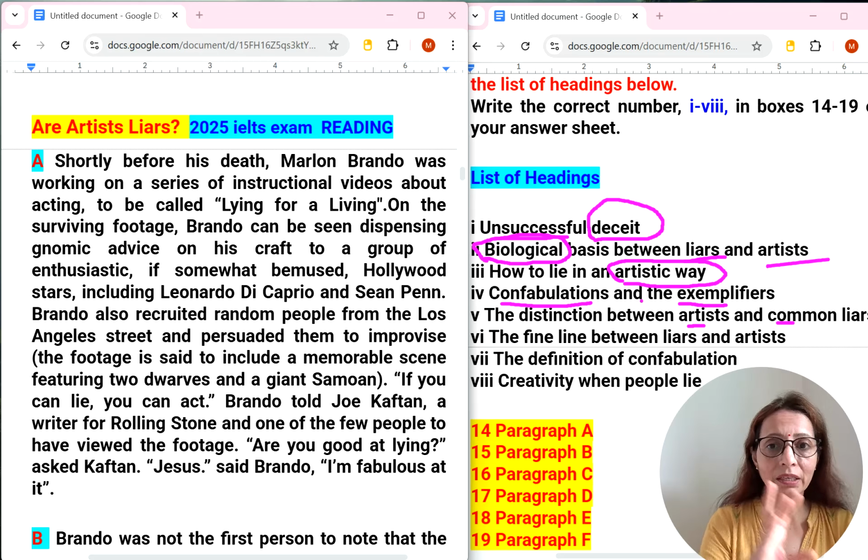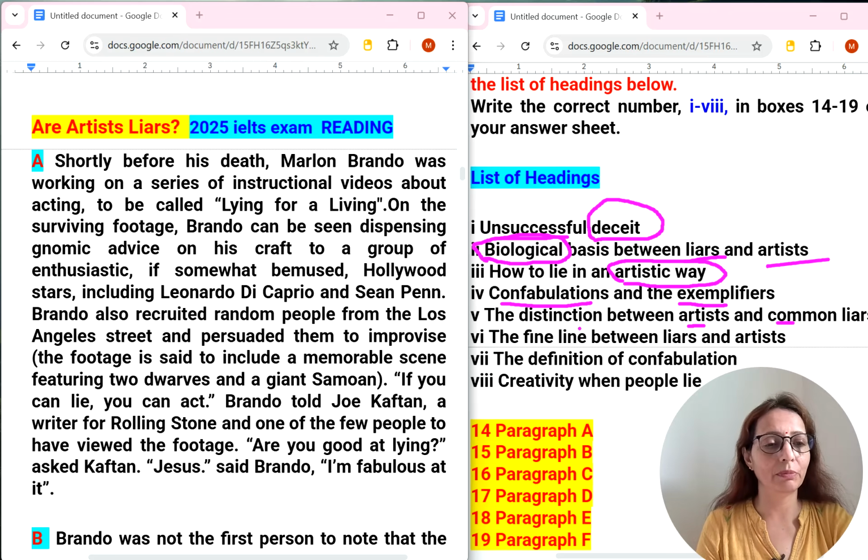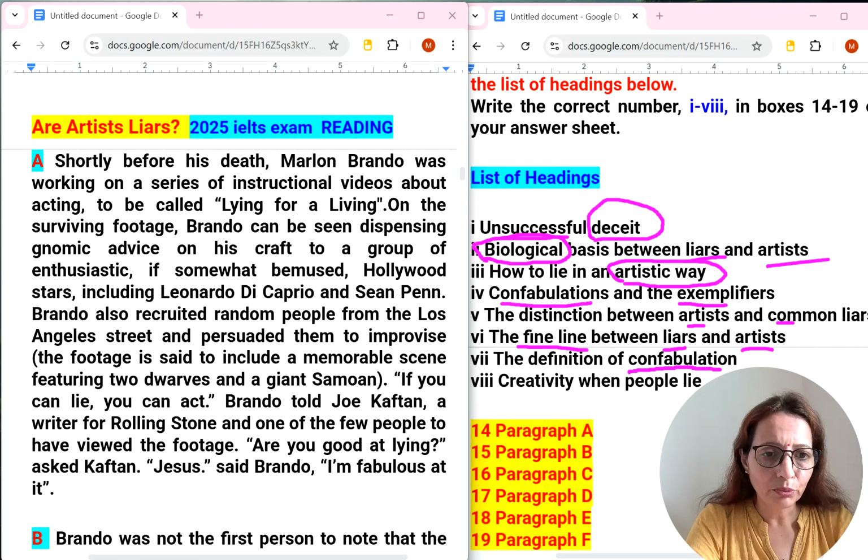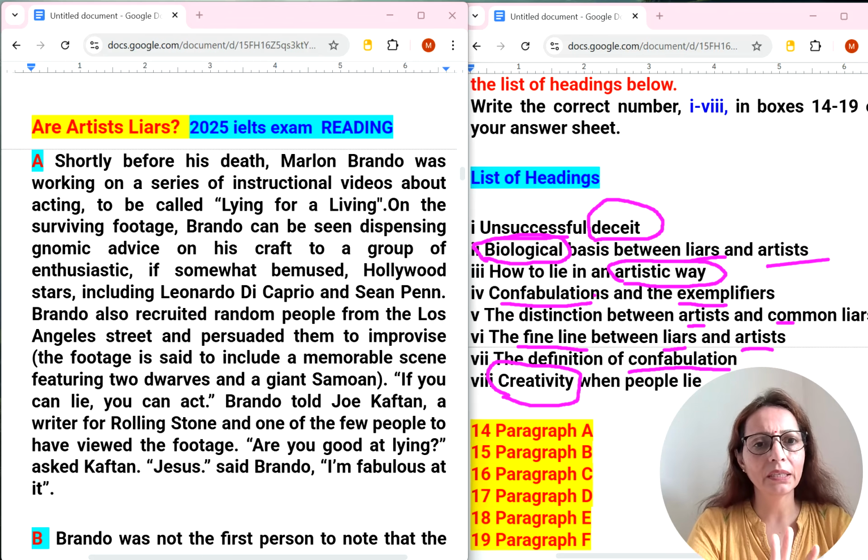Liars and artists you will get everywhere, but the distinction between them may be there. The fine line between liars and artists. Fine line, just a little line between liars and artists. Definition of confabulation. Okay, creativity when people lie. So when people lie, creativity will occur.